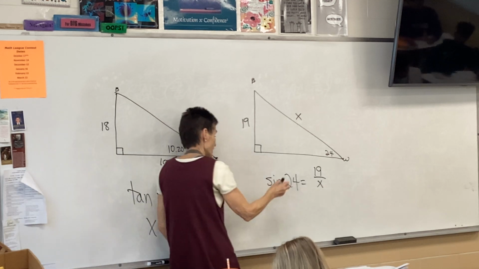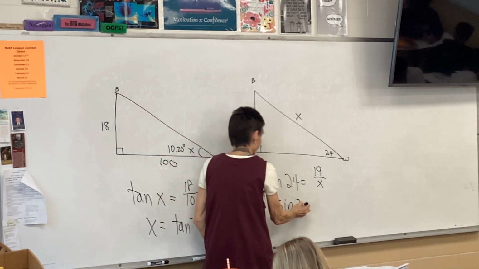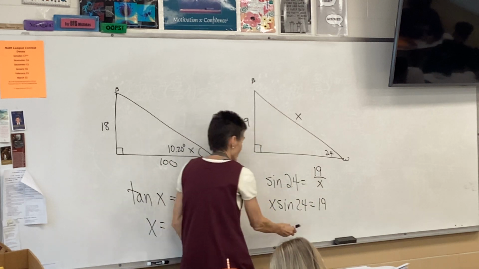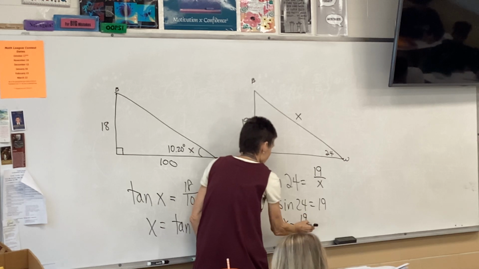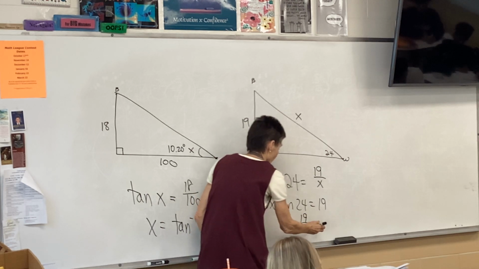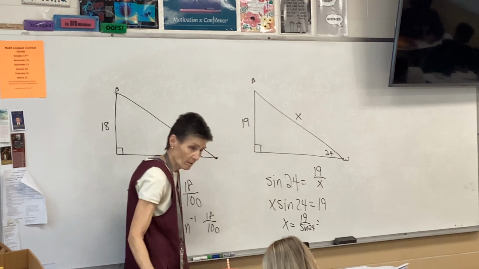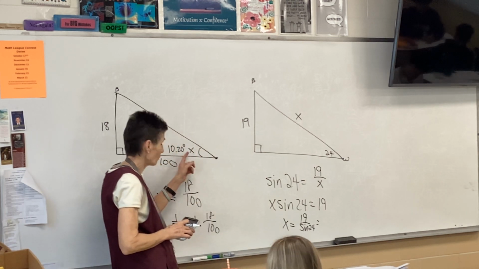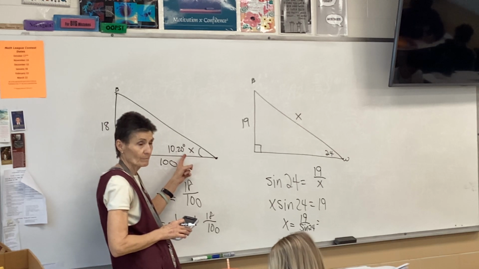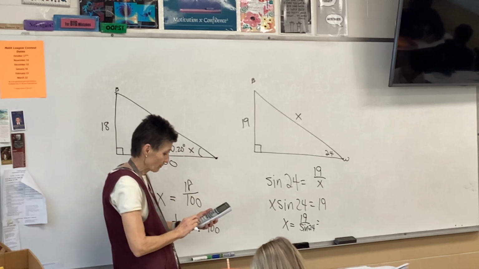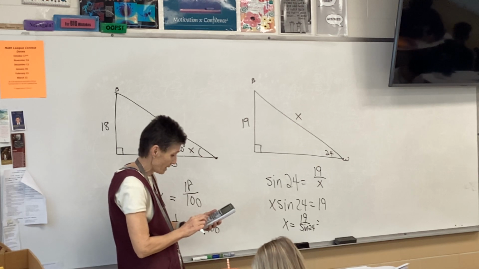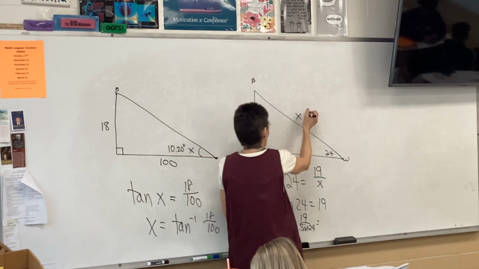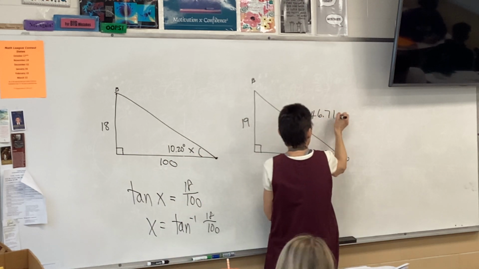So then we'll get rid of the x. No, we don't want a denominator. And then divide. So 19 over sine 24. Now, am I going to use my inverse button? Oh, no. I only do that when my question mark is the angle. So I'm just going to type that in. 19 divided by sine 24. I got 46.71 feet.